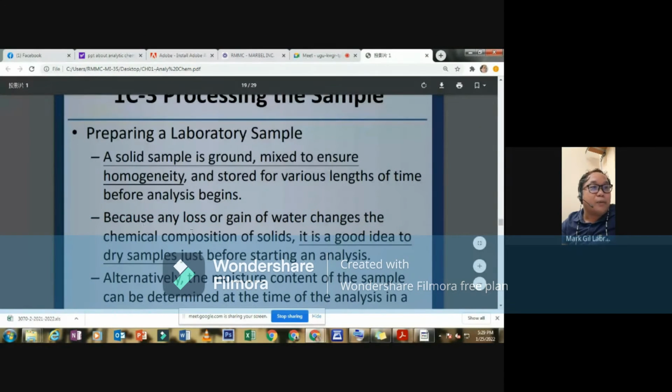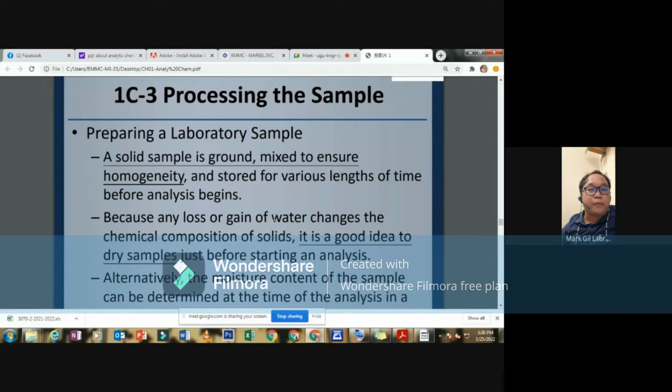So, preparing a laboratory sample, what are the steps? A solid sample is ground, mixed to ensure homogeneity and stored for various lengths of time before analysis begins. So ganito yung mga technique natin. For example, we are preparing a sample.